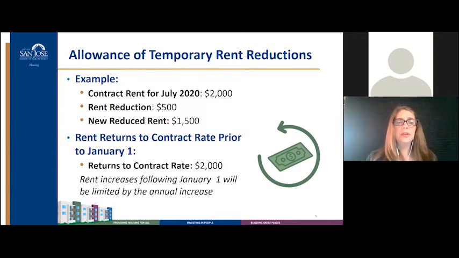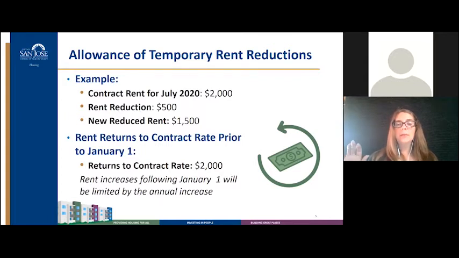So in this example, if the contract rent for July was $2,000 and the tenant and the landlord agree to a $500 rent reduction to take the rent down to $1,500, that is allowable, and the rent can actually return back up to the $2,000 rate during the period of the moratorium without the landlord being limited to the 5% rent increase.